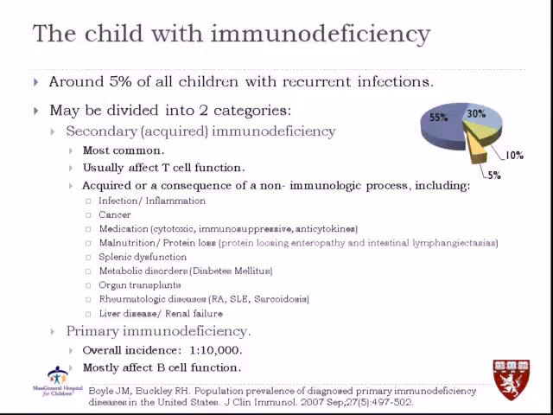So for these particular kids, their immune system is not working well, and it would be nice for you to familiarize yourself with what kind of illnesses each and every patient can get in that specific disease entity or patient population.